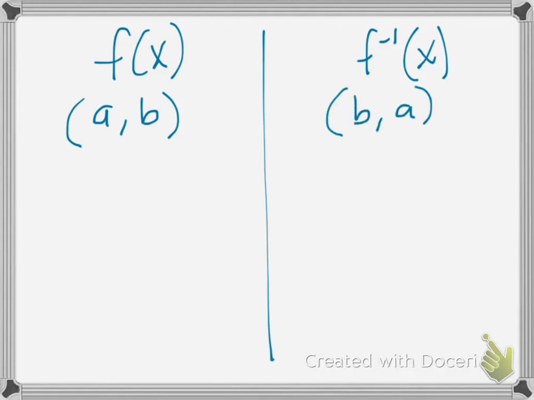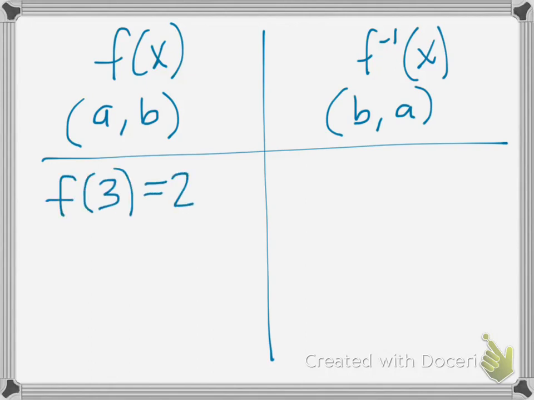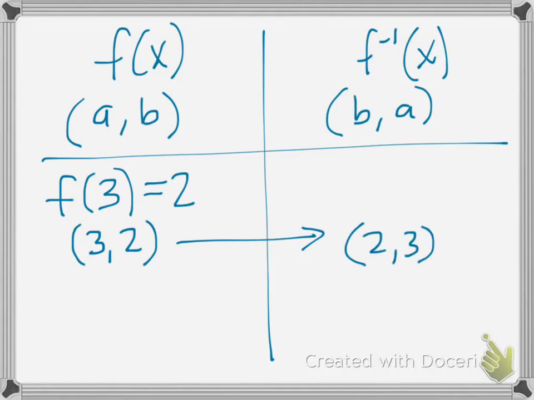For example, if we had f of 3 equals 2, that would be the point (3, 2). Similarly, the point on the inverse would be (2, 3), and in function notation you would write f inverse of 2 equals 3.